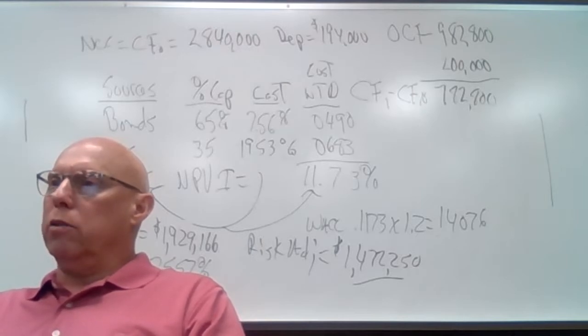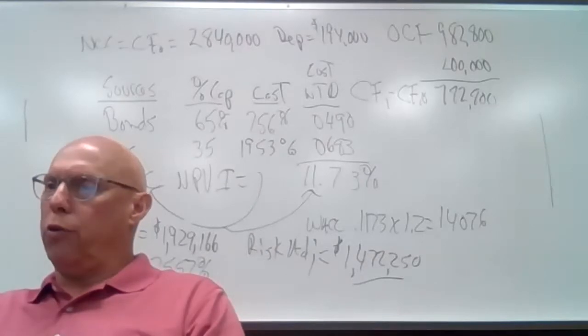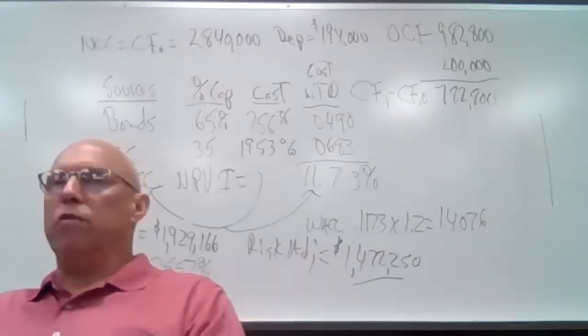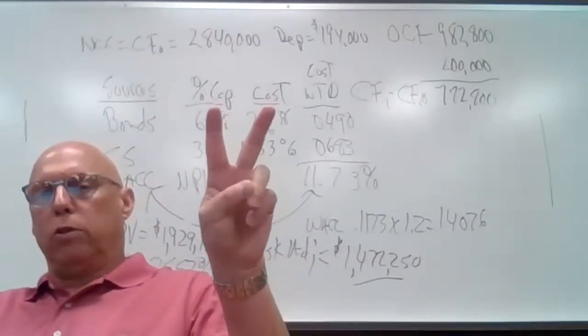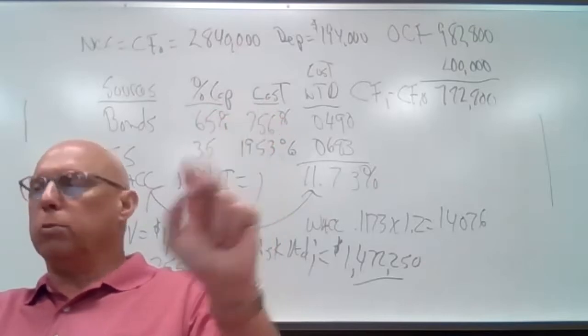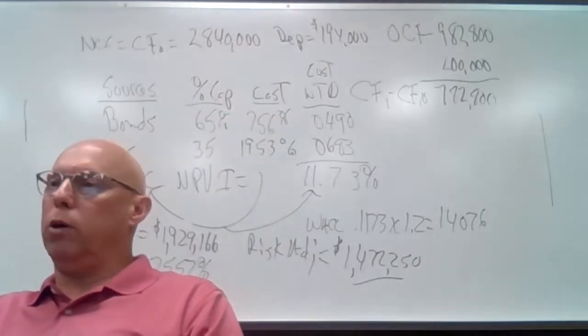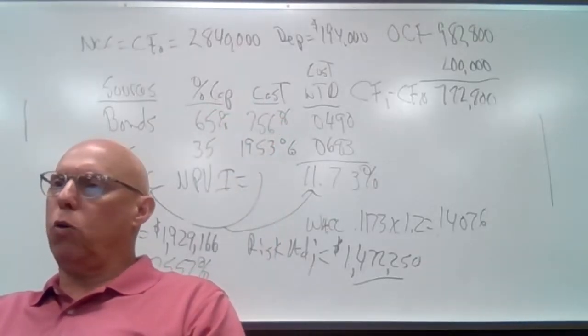Then there's a basic question about what an asset is worth, which is one of the two principles of this course. Remember those two principles I told you at the very beginning that I wanted you to remember. What are the two basic principles of this course?